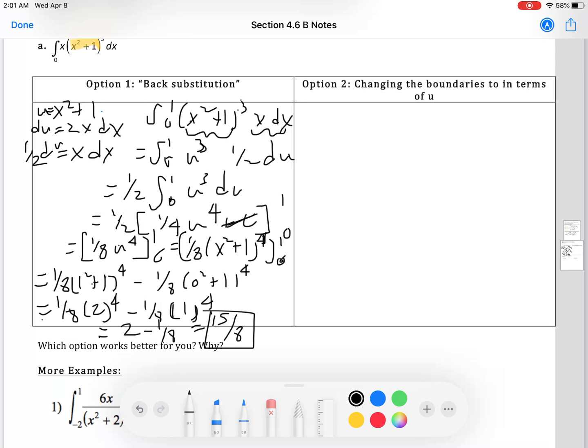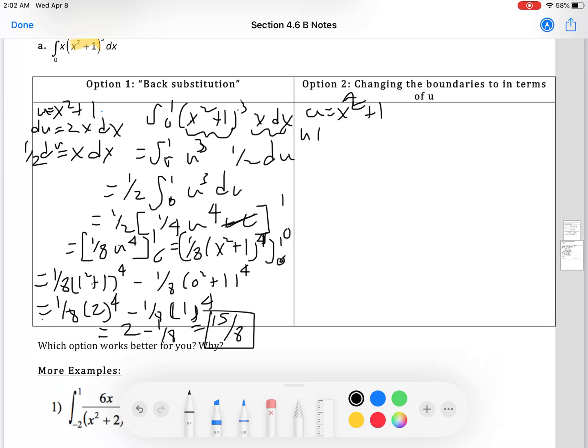What you're still going to do is identify your u. In any u-substitution, you identify your u right at the beginning. So I'm still going to have u equals x squared plus 1. But now, I'm going to be thinking about my new limits of integration.